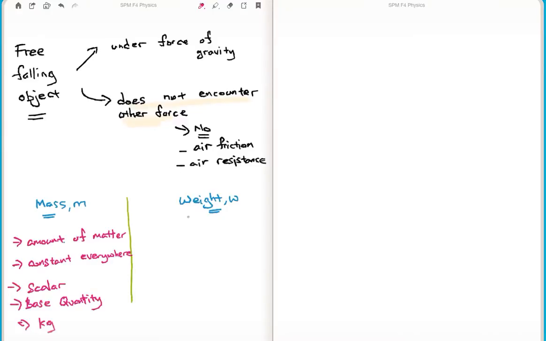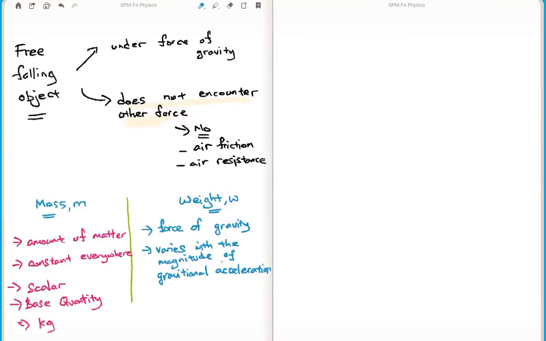Unlike mass, weight is caused by the force of gravity on an object. Therefore, it varies with the magnitude of gravity, the gravitational acceleration. Your weight on the moon compared to your weight on Earth will be different, because the moon has 1/6 the gravity.